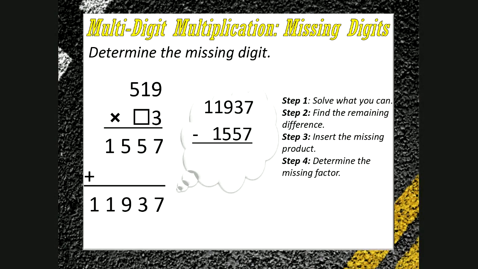Hello everybody. In this video we're going to be looking at filling in missing digits in multiplication problems. So we haven't been given all the digits we need to carry out the problem. Our task is to work out what the missing digit is. If I was to carry out the method, I do this number times the ones and that gives me this answer.